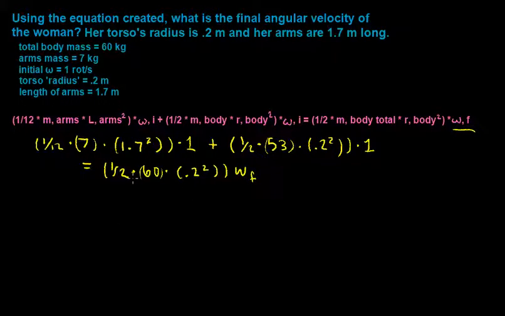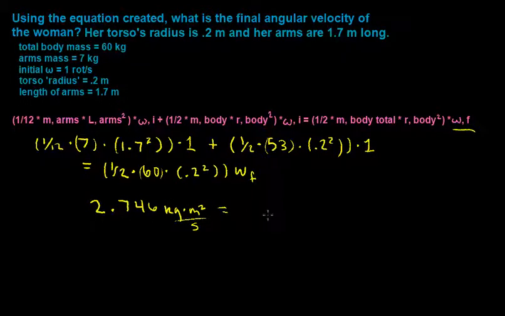So what we're going to do first is calculate this huge stretch of our initial state. So we'll multiply these numbers and then add the multiplication of these numbers, and that number that we are going to get is 2.746, and the unit for angular momentum is kilograms times meters squared per second, which is complicated.